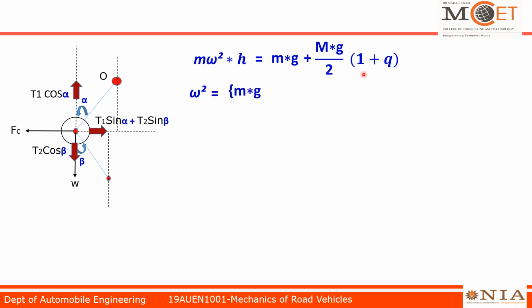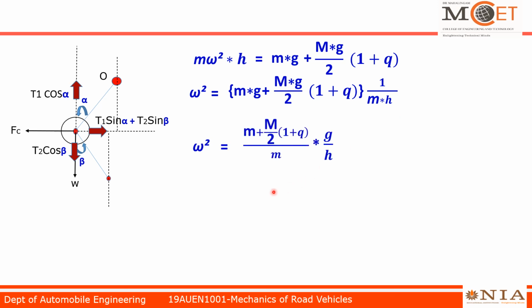We get (small mg plus caps Mg by 2 into (1 plus q)) whole divided by small m into h. If you again resolve this, omega square equal to, I just brought g outside, (small m plus caps M by 2 into (1 plus q)) whole divided by small m into g by h. I just resolved this term like this.